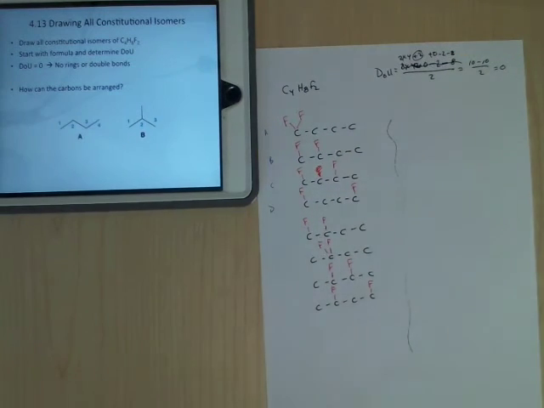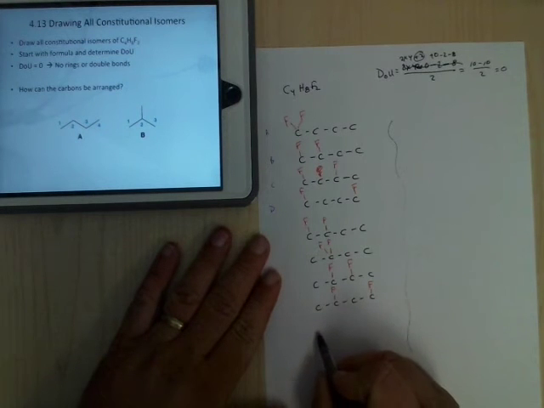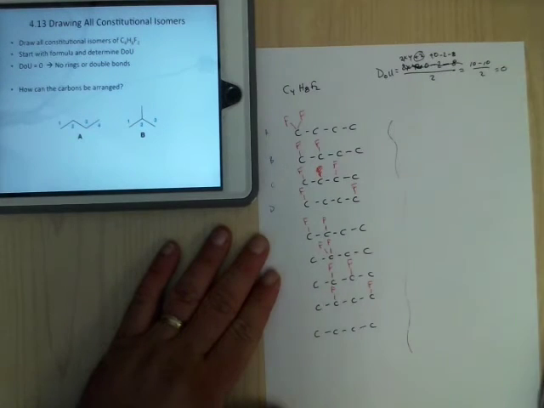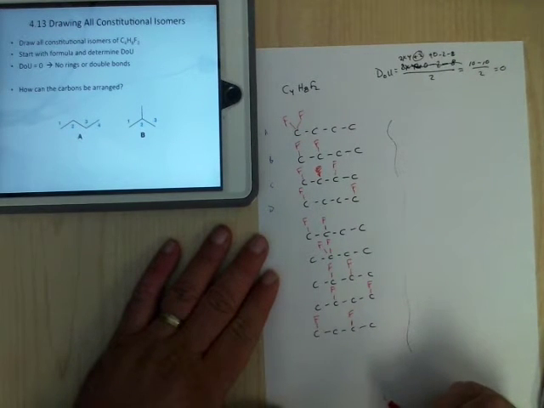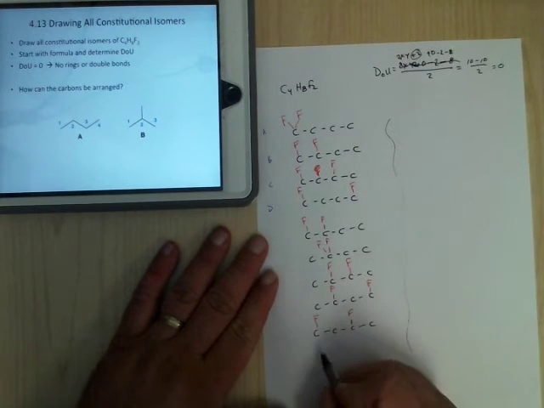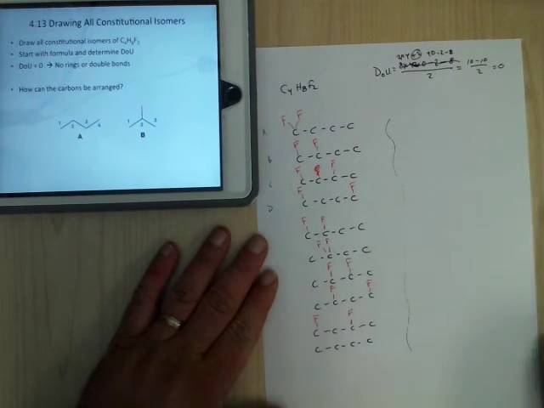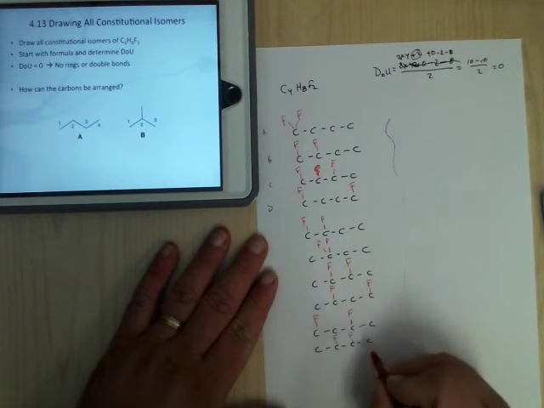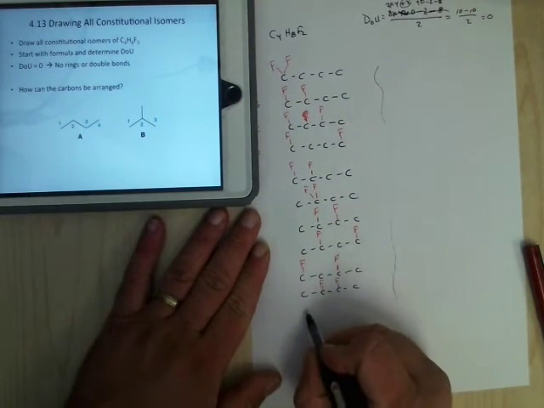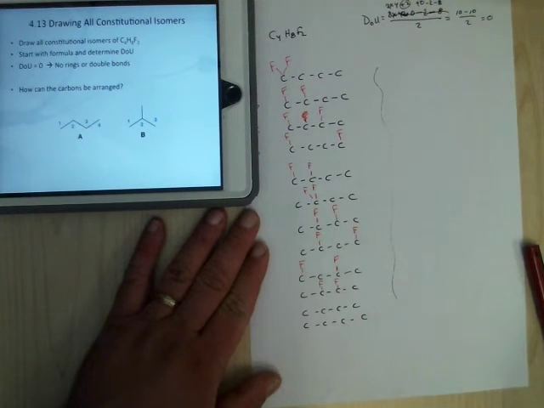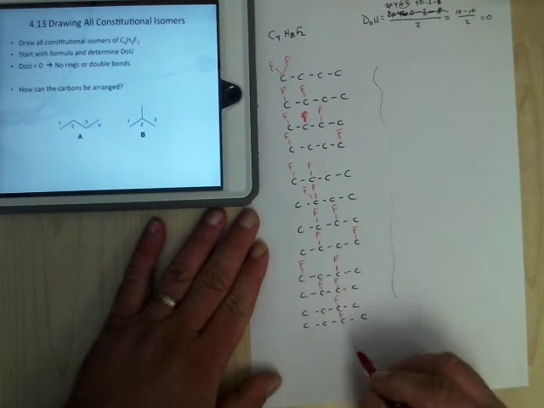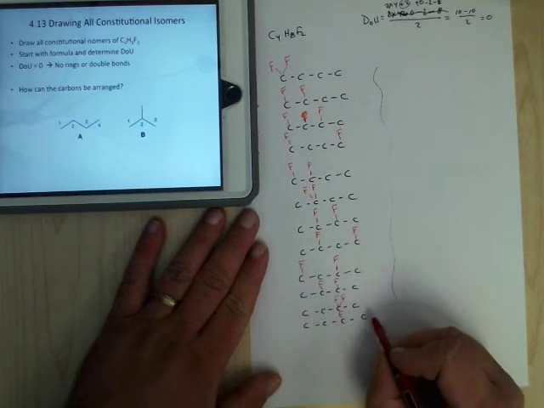Now, what we could do is put that fixed one here, and move that one here. But what's the problem? Well, here we go. Let's just go ahead and make them all. Again, we're going to have this one fixed, and you can do all the possibilities. We have that fixed one here, then this one there, and then this one there.